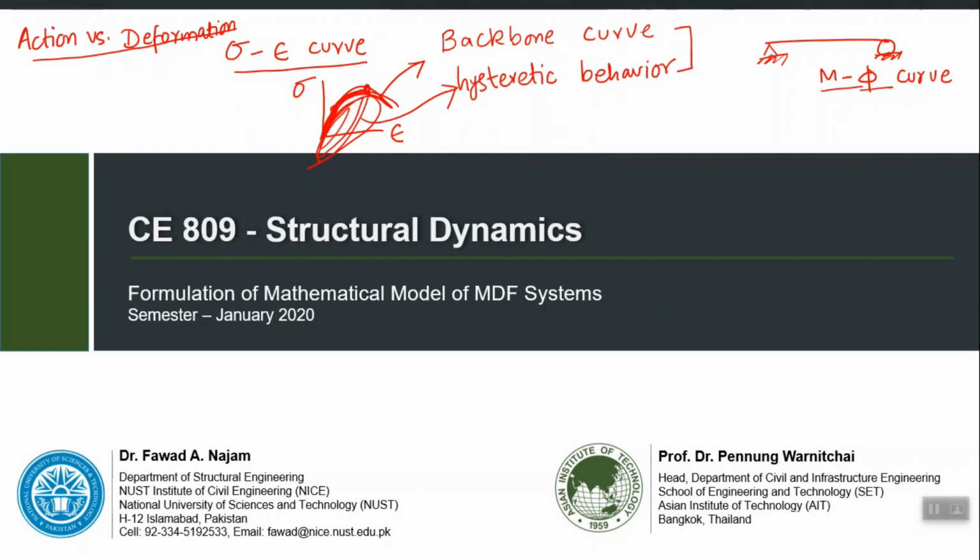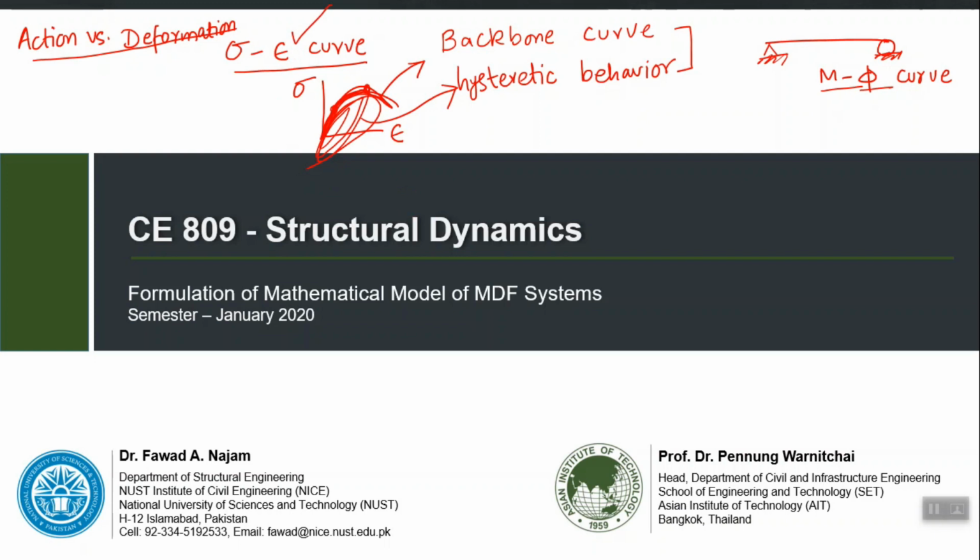So wherever you are talking about the complete nonlinear behavior of any component, you have to provide both of these things, backbone and hysteretic behavior. For example, if you want to model a material as nonlinear in any commercial program, it is not that you just have to provide the stress strain curve for that material, you also have to attach a hysteretic behavior to that stress strain curve.